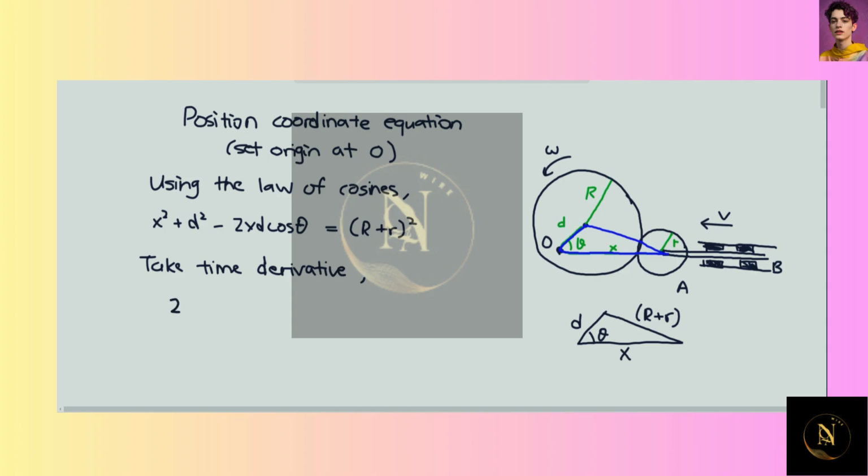Then we have 2x x dot, plus 0, minus 2x dot d cosine theta, plus 2xd sine theta theta dot, equals 0. We know that x dot is v, and theta dot is omega.